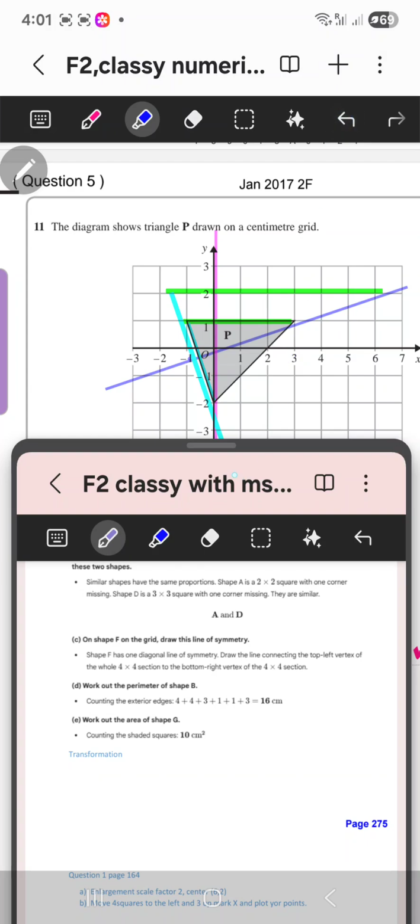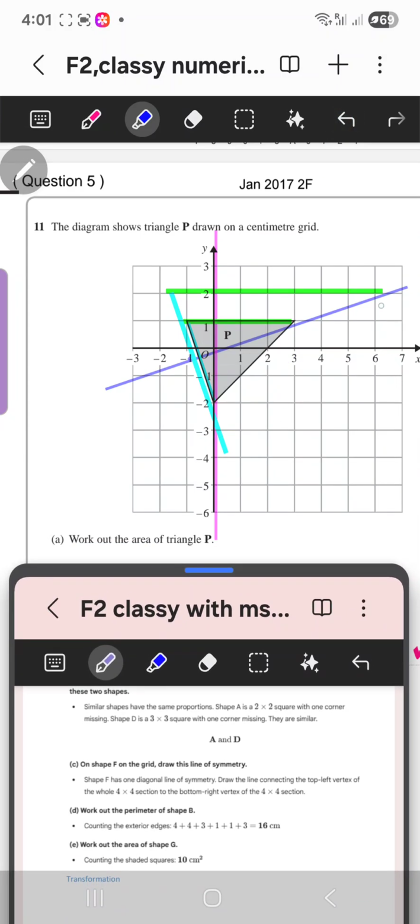6 2 and 0 and negative 4, exactly like this as we make it.